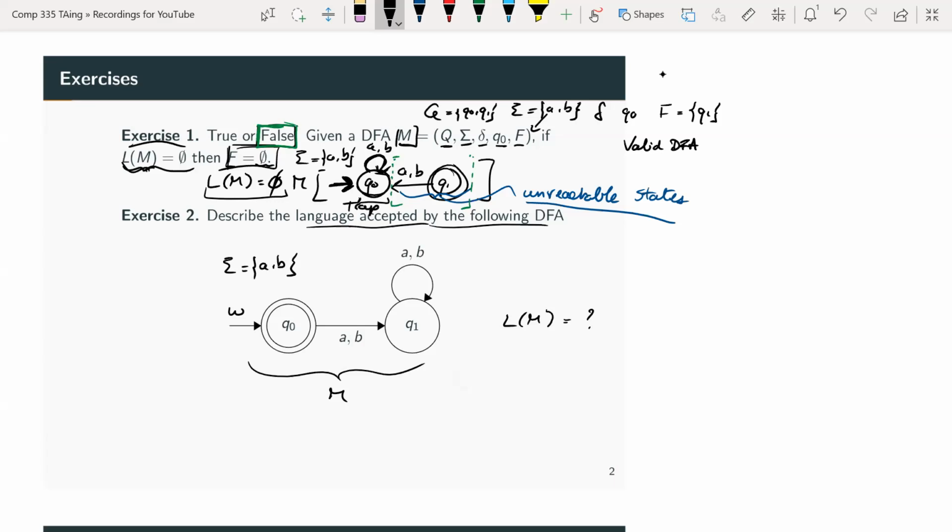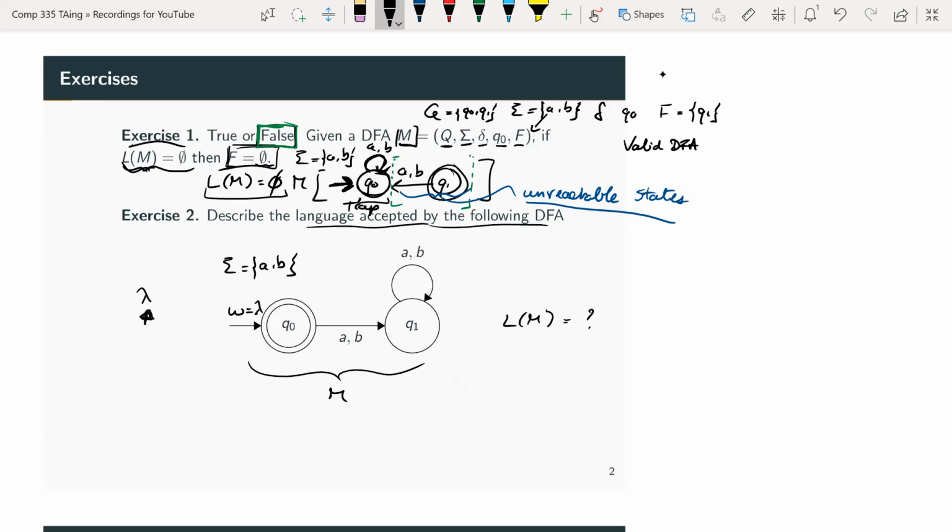So let's say our string goes into Q0, as it does for any DFA. The only way that it can stop at Q0 and then be accepted by the DFA is if W is the empty string, lambda. Because remember, for a DFA, if it reads the empty string lambda, your machine doesn't move.